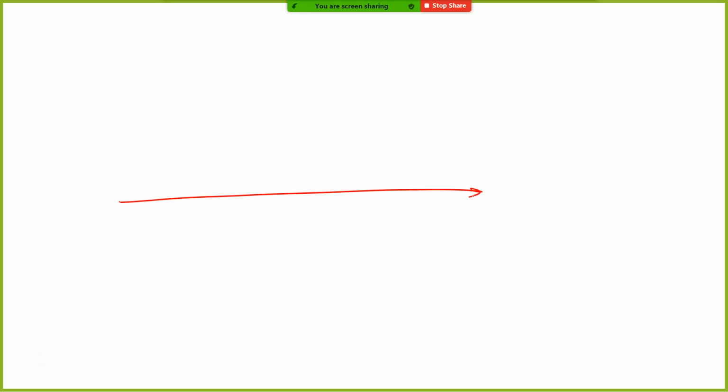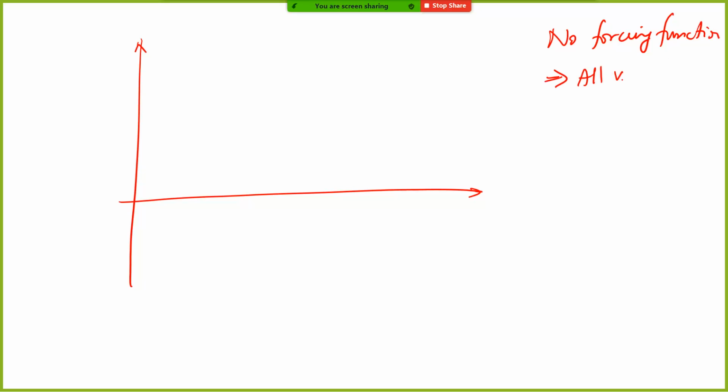Let's say you have a response with no forcing function, so all voltages and currents go to 0. Say it is some underdamped response; it will go something like this.